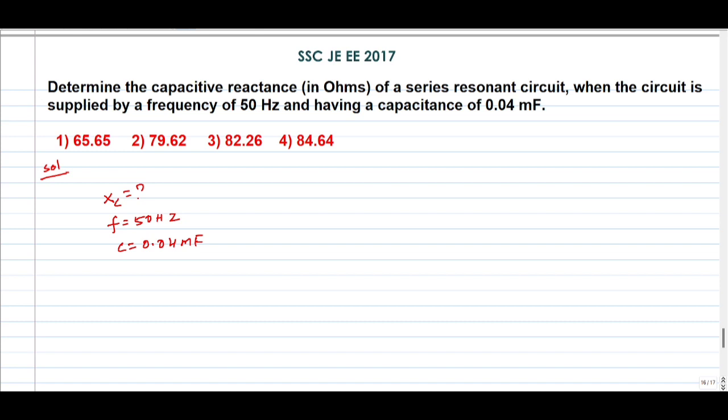So the formula for identifying the capacitive reactance is Xc is equal to 1 by 2 pi f c. Okay, this is the formula. We just need to substitute here.